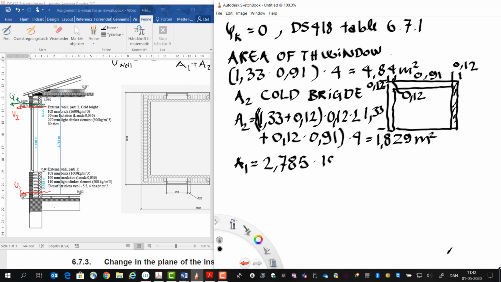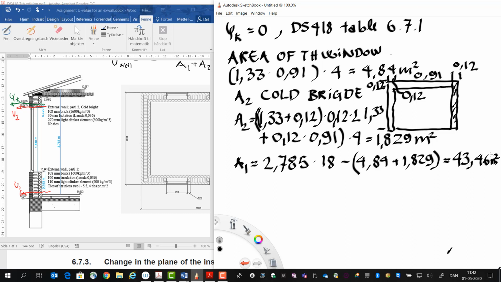So 18 meters around this building, minus the area for the window, which was 4.84, and then also minus the core bridge, which was 1.829, and that gives an area of the main wall of 43.46 square meters.